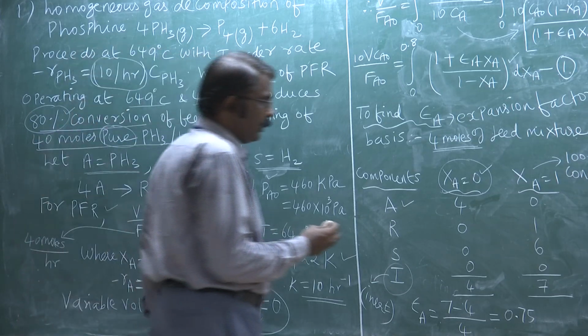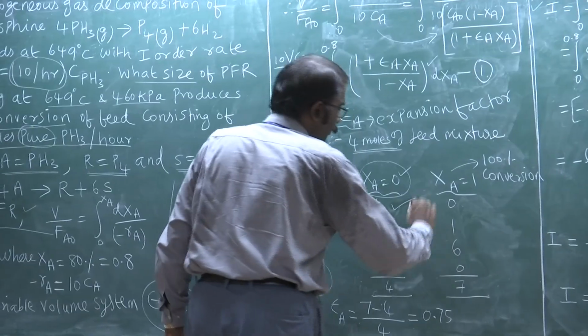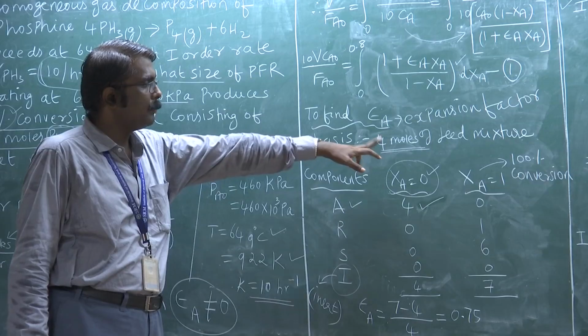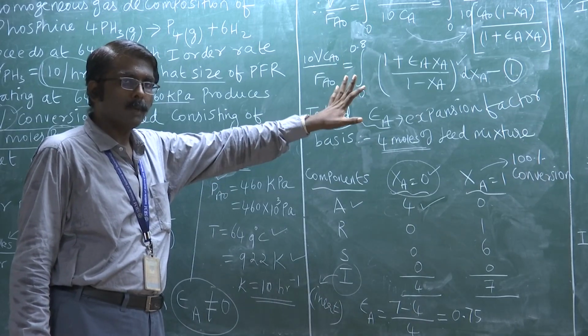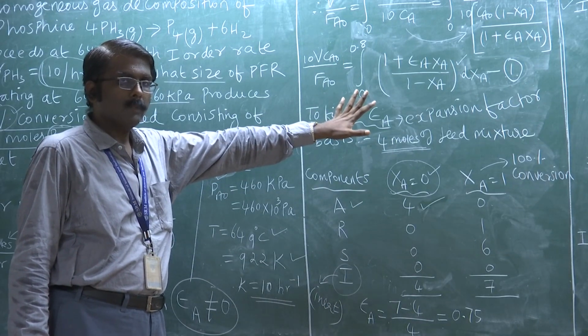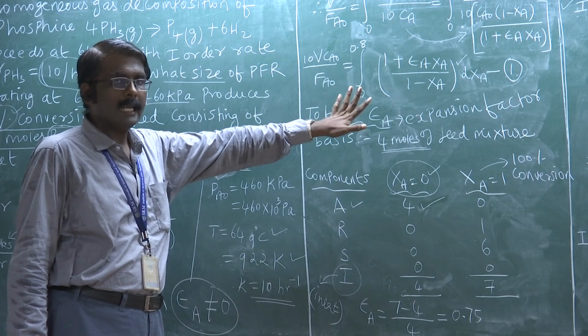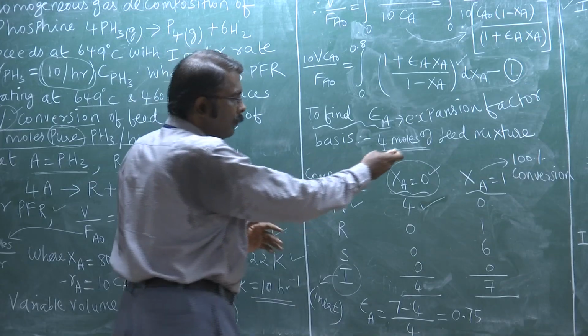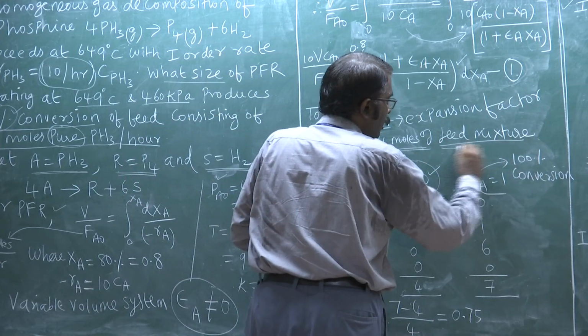Now here, initially we have 4 moles of A. That is the basis we considered, 4 moles of the feed mixture. Since our feed mixture is pure, there is no presence of inert material, so inert is 0. All the feed, whatever we have taken as the basis, is made up of component A only.